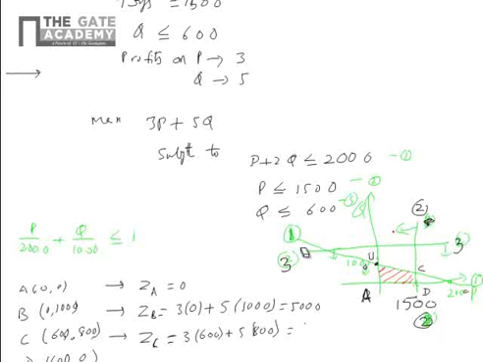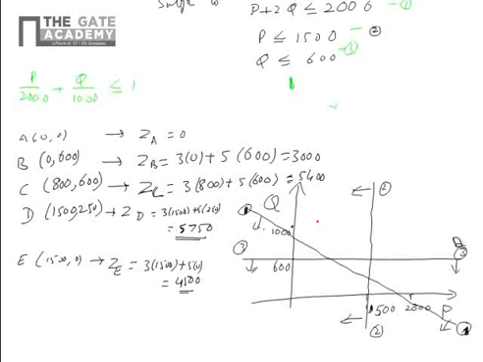So what to do? If you substitute the values of O, A, B, C, D, E, you will get maximum 5750.